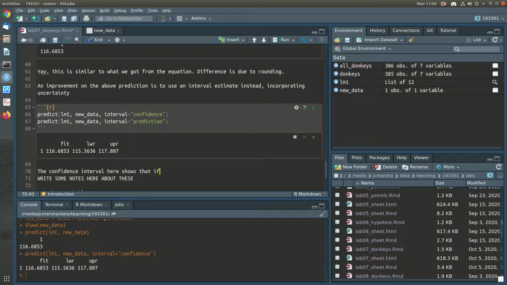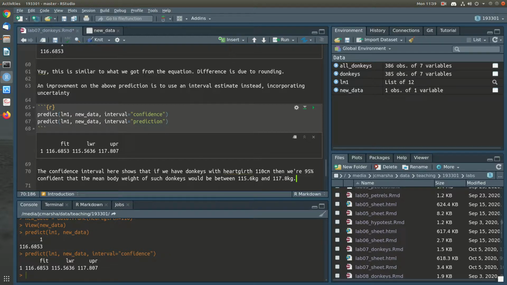This shows that if we have donkeys with heart girth 110 centimeters, then we're 95% confident that the mean body weight of such donkeys would be between 115.6 and 117.8 kilos.